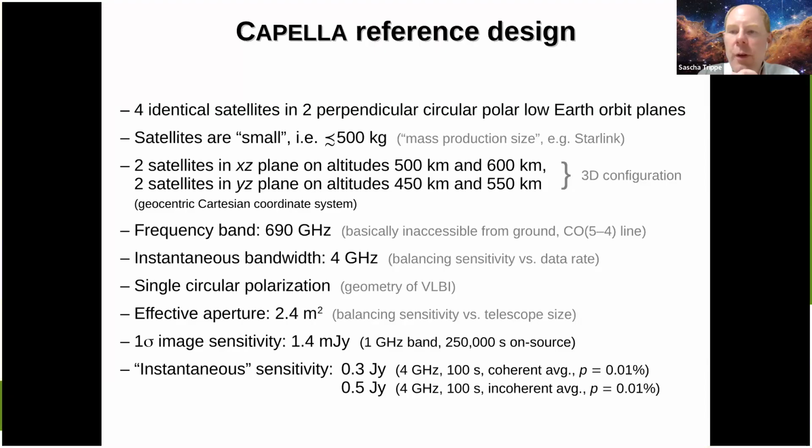You can do that because you're not affected by atmosphere or Earth rotation as you are on the ground. You are affected by the orbit of the satellites, so your satellite will occasionally be shadowed by Earth. So you will have interruptions, but you could just keep pointing your satellites at your targets.